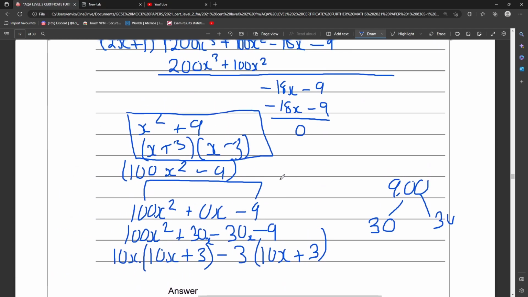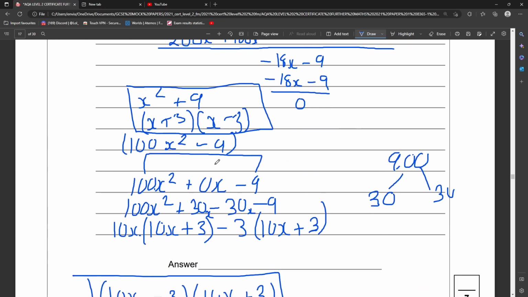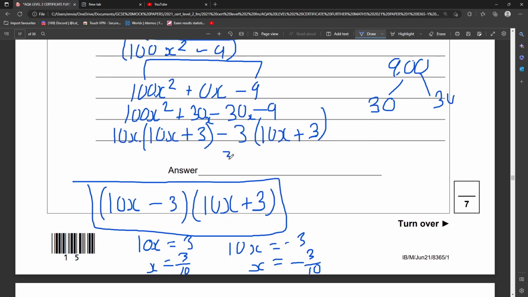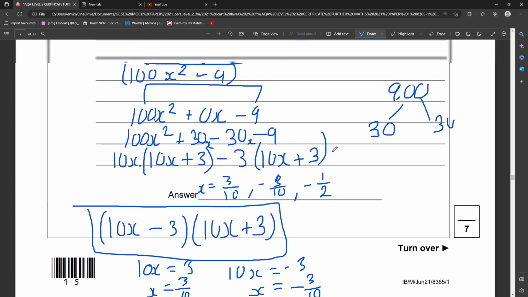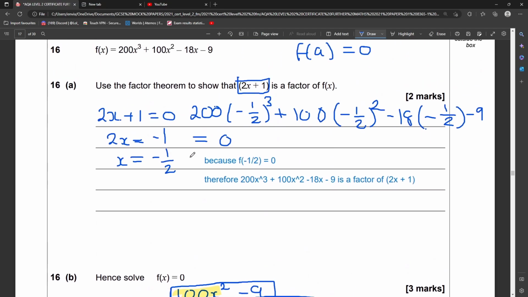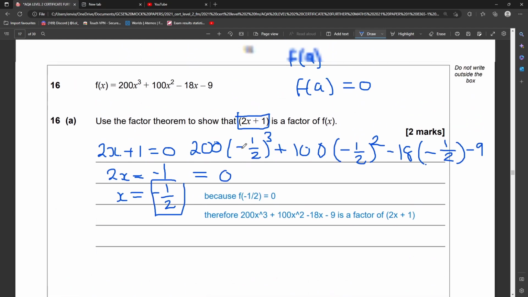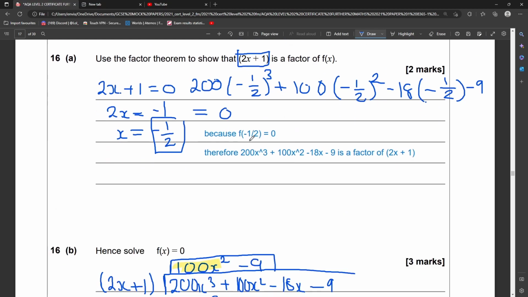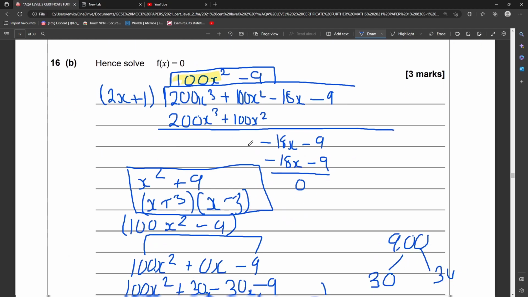And for the first one, we can say that x equals 3/10, x equals negative 3/10, and we can say that x equals negative a half, because they already gave us the factor in the first question.